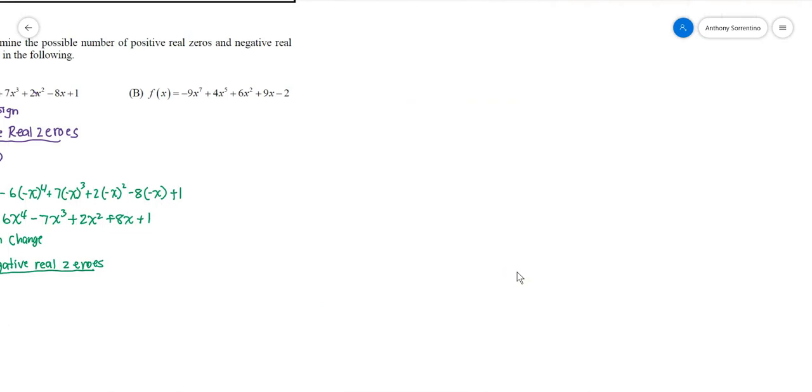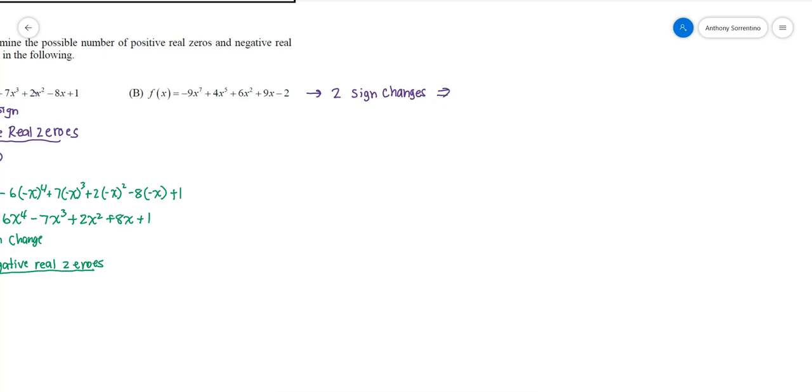For B, let's start with f of x. For f of x, I start with, now these are written in order. I don't have to have zeros between them. I'm good. So I have a negative 9x to the seventh to a 4x to the fifth. That's one change in sign, to a positive, to a positive, to a negative. So I have 2 sign changes.